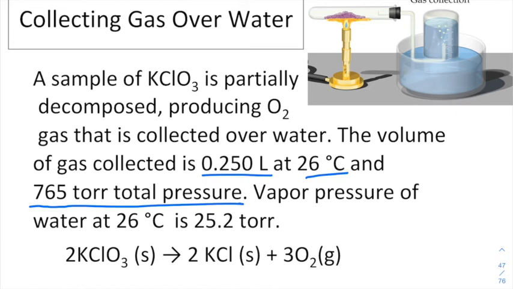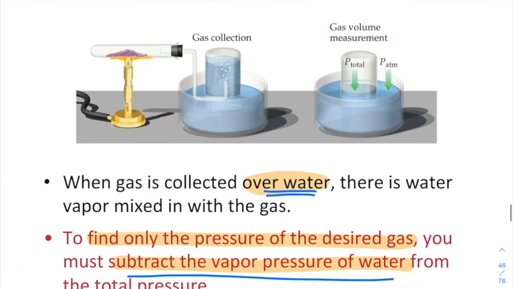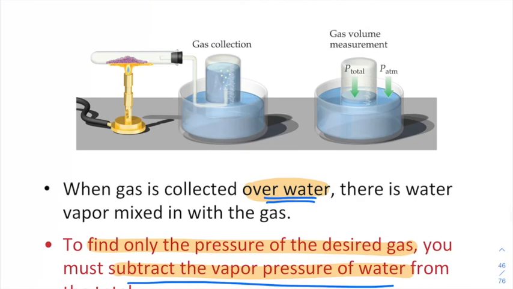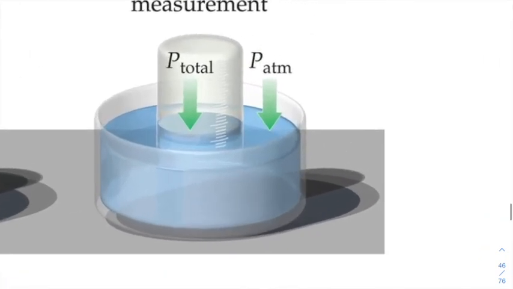Now, in case you're wondering, how do we find our total pressure? We would be reading the barometer in class. So the room pressure we assume to be the same as the pressure of the gas inside of that container. The reason we can assume that is because at the end of the experiment, we would have asked you to raise or lower your beaker so that the level of water here is at the same level that we have right over here.